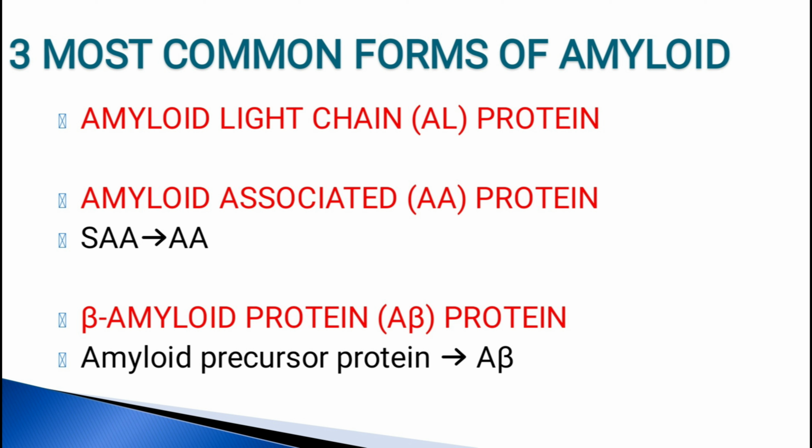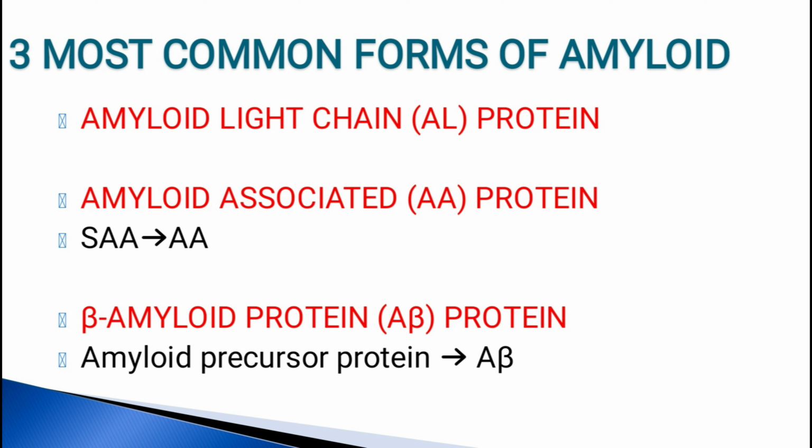Next, the amyloid associated protein, that is AA protein, is derived from a non-immunoglobulin protein produced by the liver. The proteolysis of SAA protein, that is serum amyloid associated protein, gives rise to AA protein. Usually, the SAA protein is bound with high density lipoprotein and circulates in the blood.